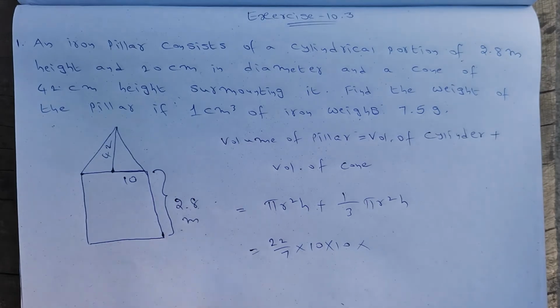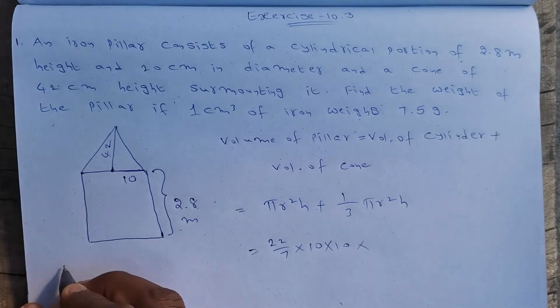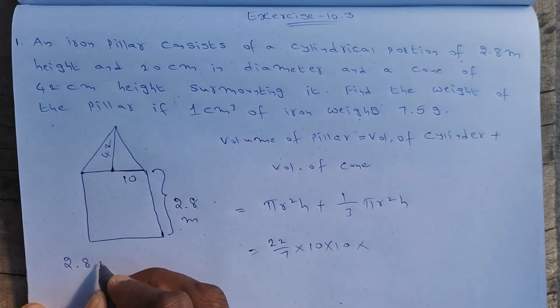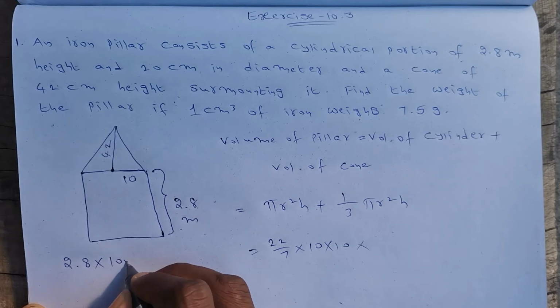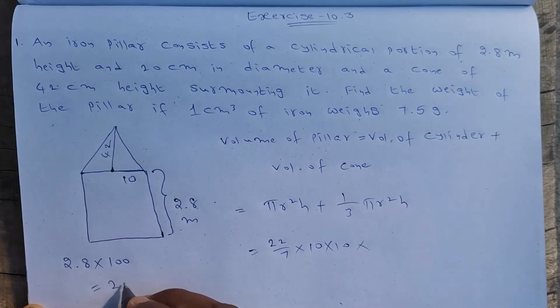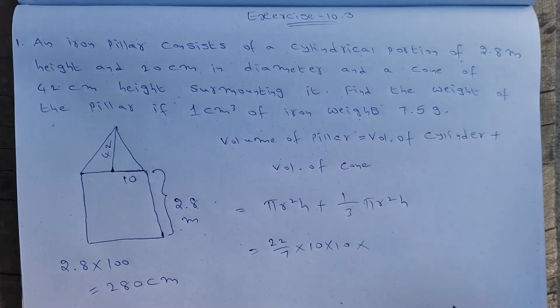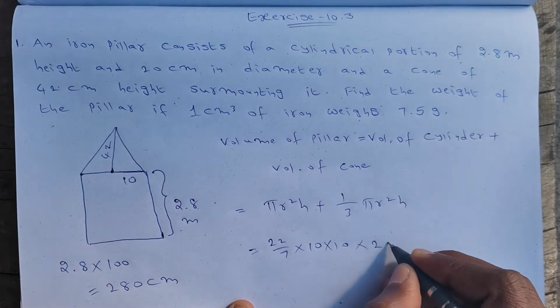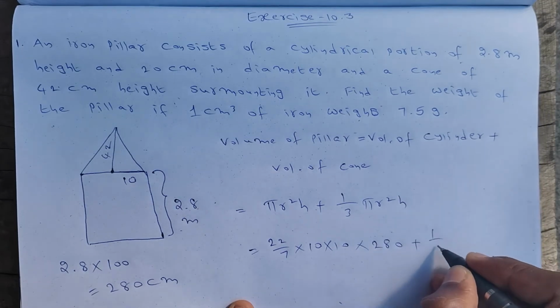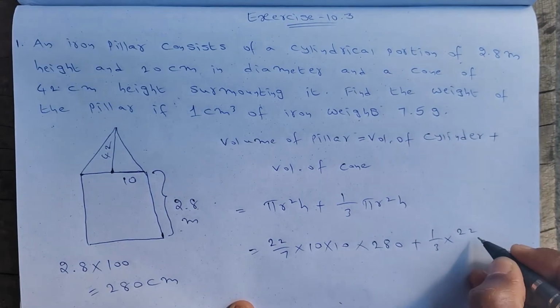So 2.8 meters we need to convert to centimeters. Simply multiply 2.8 with 100, so we will get 280 centimeters. So height of the cylinder is 280 centimeters.